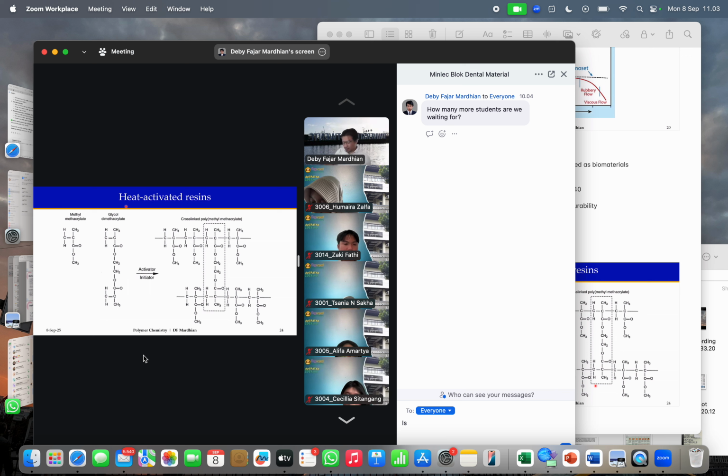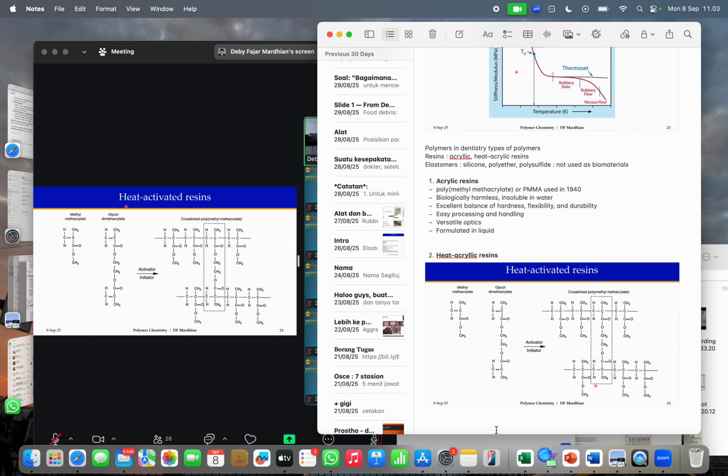Yes, the heat. That is why we call this type of acrylic resins heat activated resins. They may also react naturally without heat, but it will take a very long time to let the reaction complete and have fully set acrylic resins.